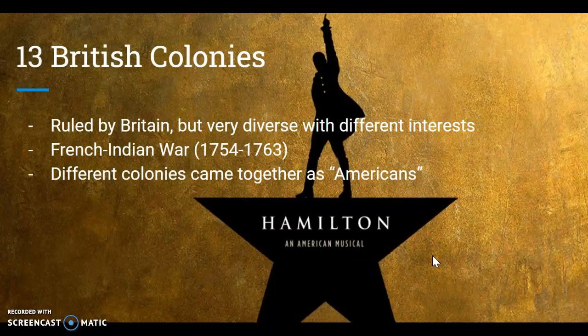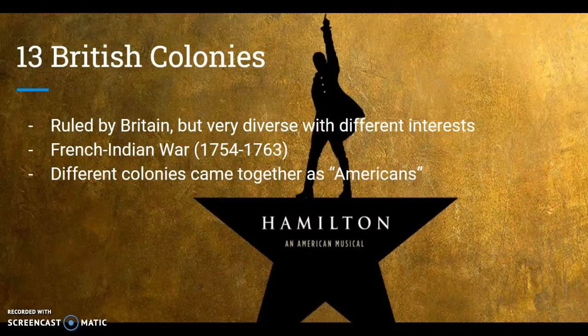Okay, so of course there were the 13 British colonies. They were ruled by Britain, but they were very diverse. You had the southern colonies, which were more interested in agriculture, farming, tobacco, especially colonies like Virginia and South Carolina and Georgia. But then you also had the northern colonies, who were going more towards manufacturing, more progressive in some ways, but also deeply religious and had Puritan values.